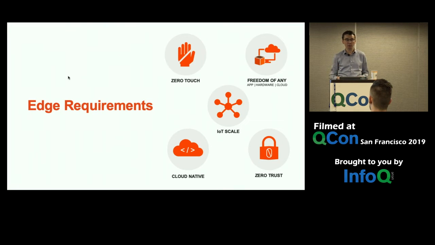You just get a device with Android pre-installed, you turn it on, and voila, you can run any applications that are compatible with the Android platform. So, zero touch deployment. We also feel that we need to run legacy applications. Legacy applications would include Windows XP. And by the way, for Windows XP, you actually have to make sure that the application can access a floppy drive. I'm not joking. I wish I was joking.